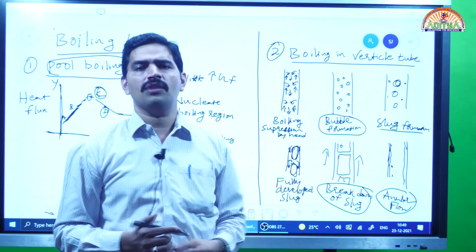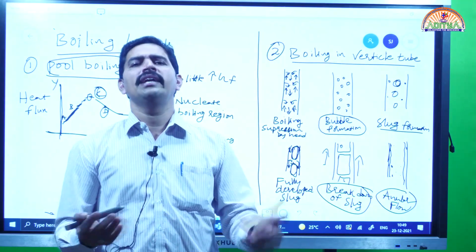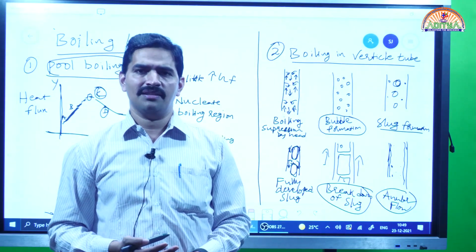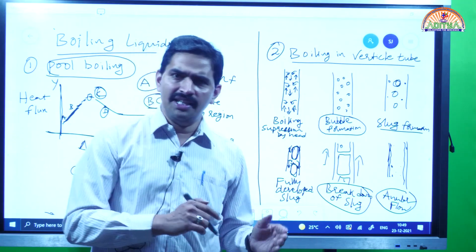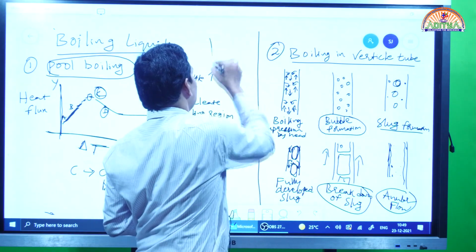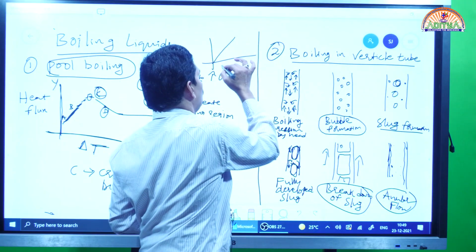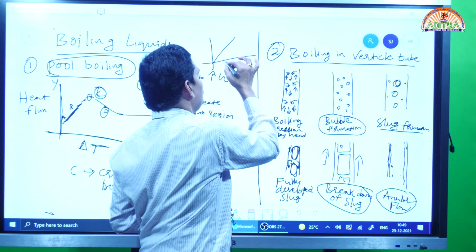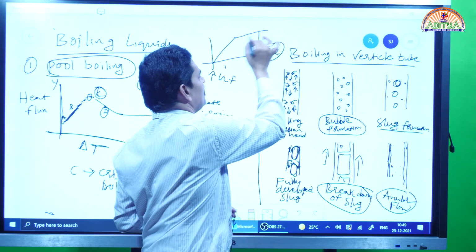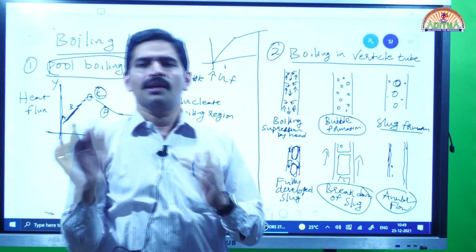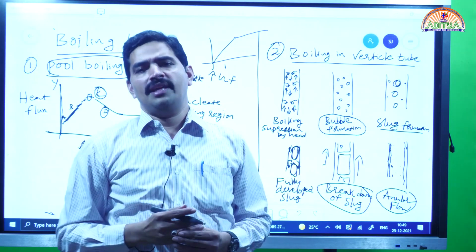Further, if you are going to supply the heat, there is no increase in the temperature of the liquid. If you evaluate the temperature, initially the temperature is going to rise, then later on there is no increment of the temperature, which means it reaches saturation.